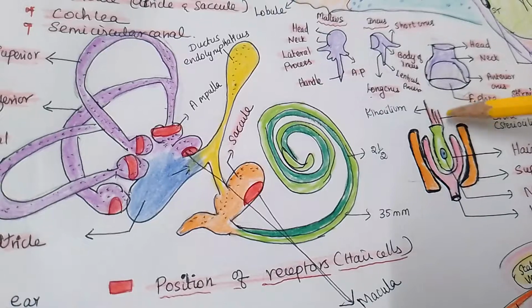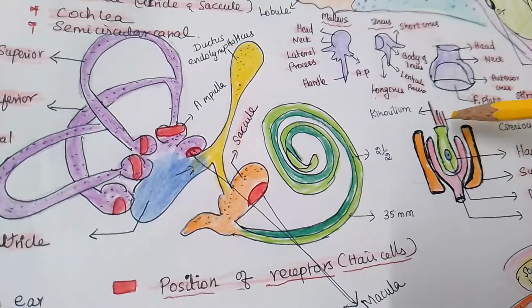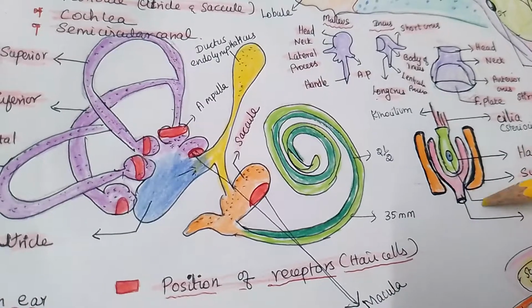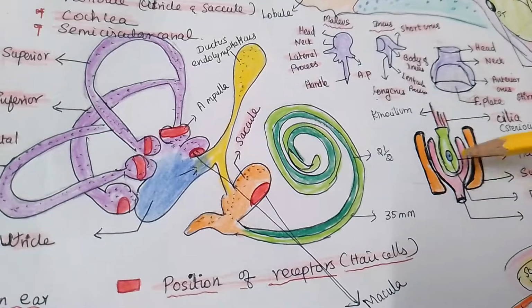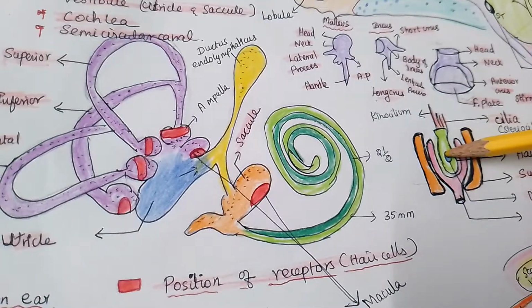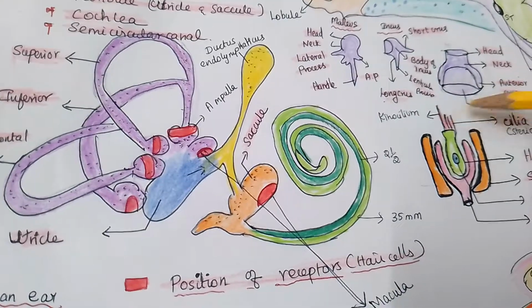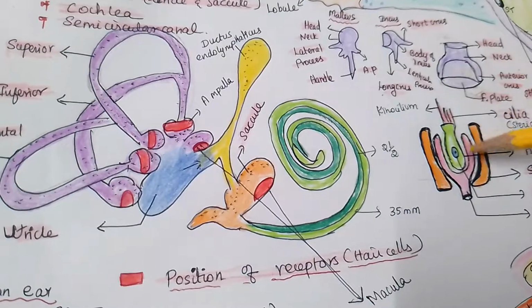These cells convert mechanical energy into action potentials. These action potential impulses are taken through the nerves to the cortex of the brain. This is the supporting cell, and this is the hair cell. It has a nucleus and cilia. Two types of cilia are present, but you can write only cilia. Remembering that much is more than enough.